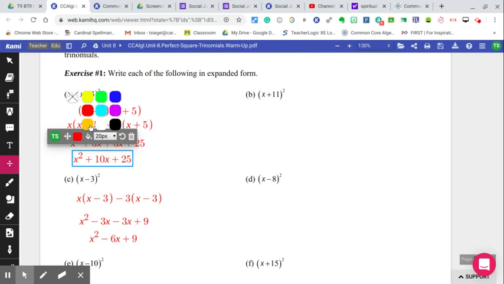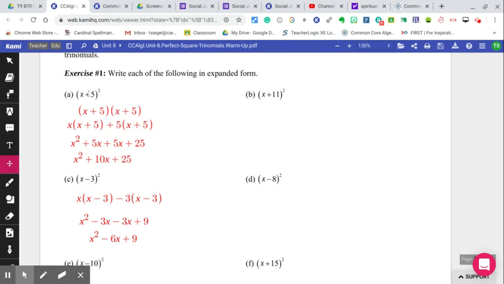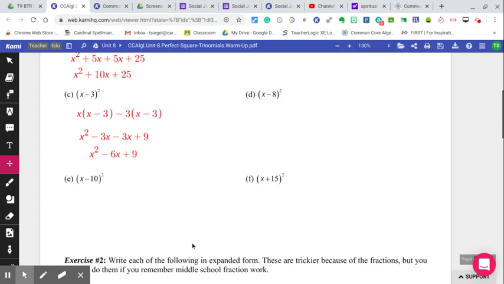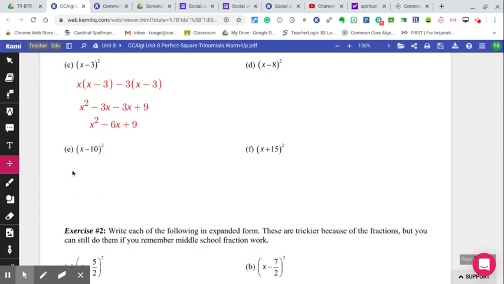And this middle term depends on what's inside the binomial. This one's plus, so it becomes plus 10x. This one was minus, double it, negative 3 doubled is negative 6x.